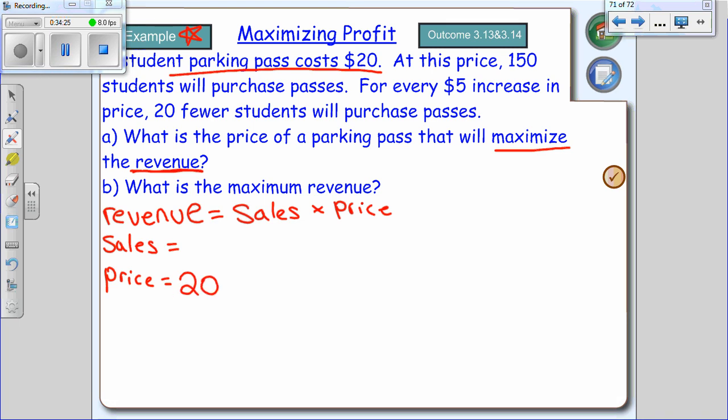Did it say how many times I increased it by 5? No. So I'm going to say $20 is my price plus $5, and I don't know how many times I'm going to do it. So I'm going to say it's 20 plus 5x. X is the number of times I'm going to increase my price. I'm going to also write that down. X is the number of increases.